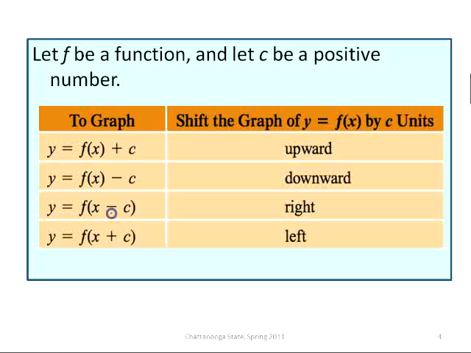If you add or subtract that constant inside where the x goes, in other words, whatever is being done to the x is also being done to that constant, that is going to move the graph to the left or to the right. And on these, it's going to happen really in the opposite of the direction you think. If you're subtracting the number, it will move it to the right. If you're adding the number, it will move it to the left.